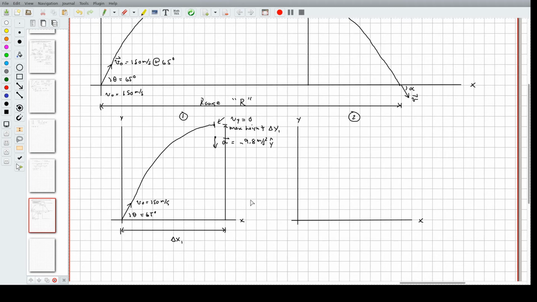Okay, so we have a max height. We have part of our range. We also have at this point the first part of the time, t1 we'll say, because remember we need to find total flight time. So this is pretty much the entire picture for part 1. So for part 2, we start, we'll say here, and we fall down. Let me try to freehand this thing again, like this.